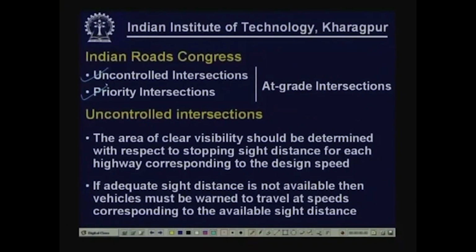Let us see the IRC recommendations first for uncontrolled intersections. The area of clear visibility should be determined with respect to stopping side distance for each highway corresponding to design speed. That means, IRC straightaway recommends that each approach should be equal to the required stopping side distance depending on the design speed for that approach.